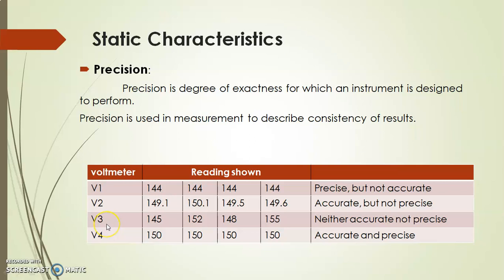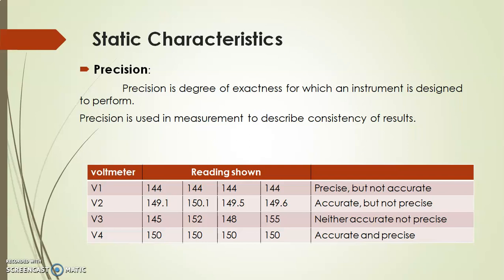Now consider the third voltmeter V3. V3 shows the readings 145, 152, 148 and 155. So you can say that this instrument is neither accurate nor precise.